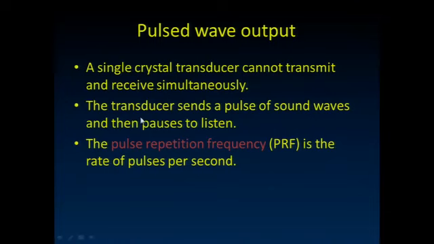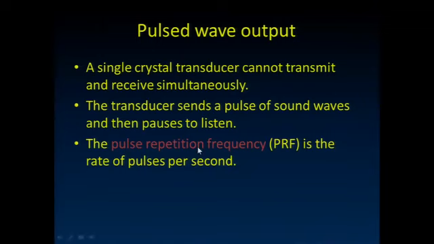Our transducer, we're going to use it both to send out our ultrasound and then also listen. We can't do both of those things simultaneously. So what the transducer does is it sends out a short pulse, a short chirp of a few cycles of the ultrasound pulse at that frequency, and then it waits and listens for sound to come back.